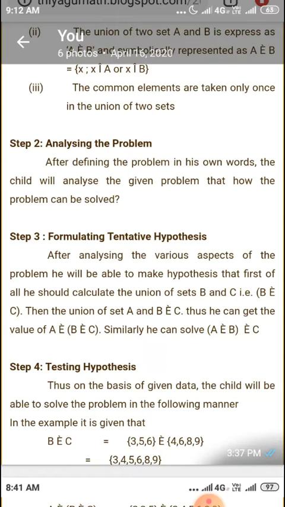After analyzing the various aspects of the problem, he will be able to make the hypothesis that first of all he should calculate the union of B and C, then the union of A and (B ∪ C). Thus he can get the value of A ∪ (B ∪ C). Similarly, he can solve (A ∪ B) ∪ C.